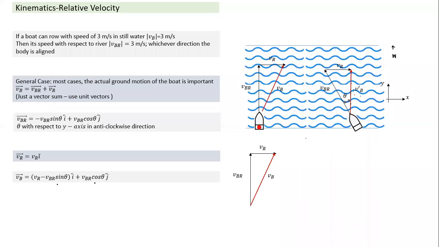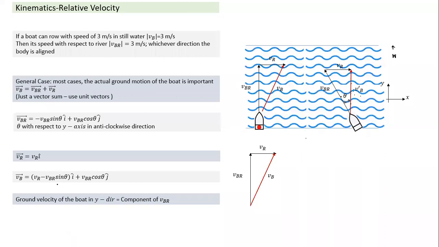This is the speed at which the river is being crossed, in the y direction. So what is the ground velocity in the y direction? Another way to understand: for the y direction, the river velocity cannot give any component. River velocity does not help in any manner in crossing the river.